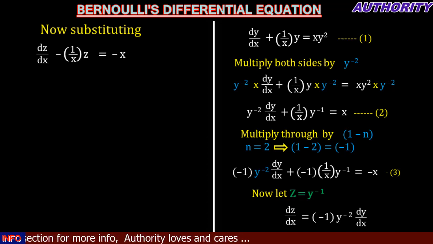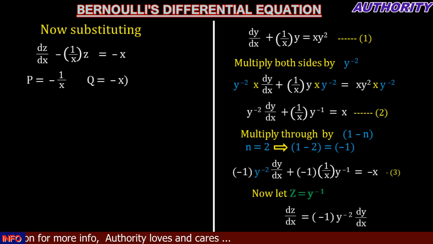So we see that our equation has now reduced to linear differential form, which is dz/dx minus 1 all over x multiplied by z equal to minus x. This is the same form of linear differential equation. And if it is the same, we see that p is equal to minus 1 all over x and q is equal to minus x.